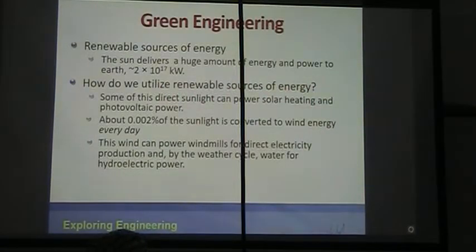So when we think about renewable sources of energy, the sun is sending us an awful lot of energy all the time. As you can see, it's listed here as about 2 times 10 to the 17th kilowatts. Oy vey.